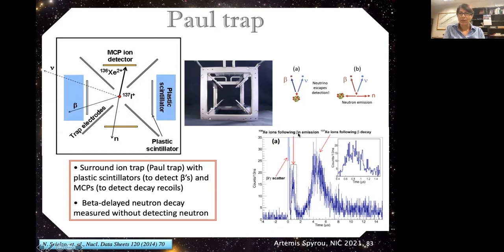And so if you do have the neutron, beta-delayed neutron emission, then your nucleus has an extra kick and it goes faster. And so you see the nuclei arriving at a shorter time. But if you don't have that neutron, it's just the beta decay, then everything is just quite a bit slower. And then you see the slower distribution. This is just from the beta decay, and this is with the neutrons. So you can measure the probability for the neutron emission without even measuring the neutron, which is pretty cool.